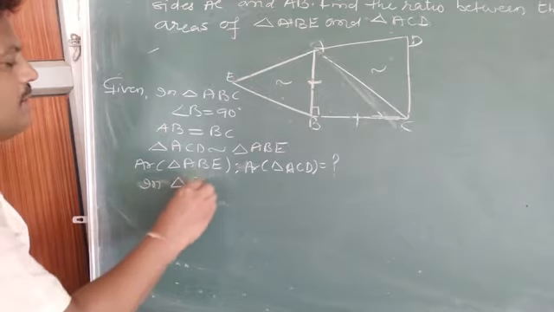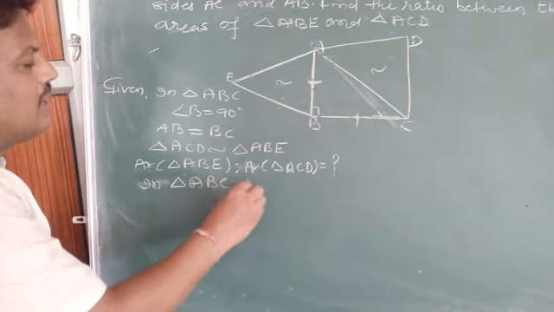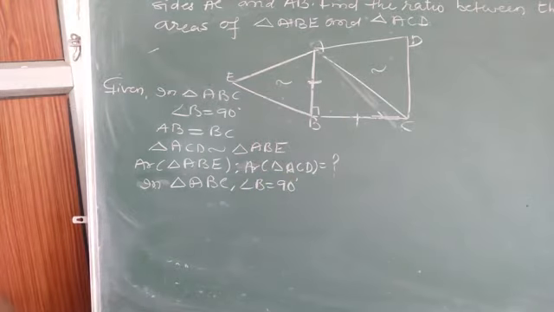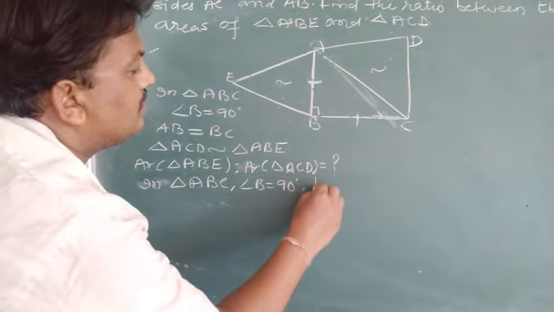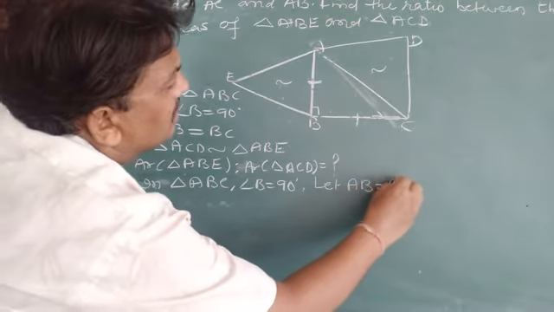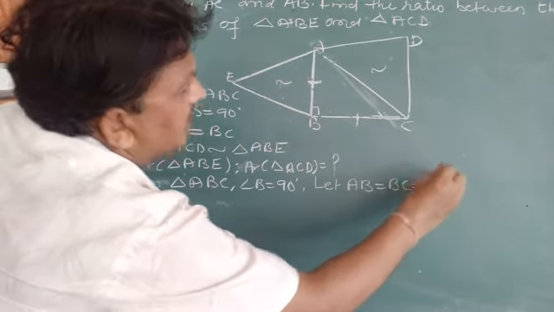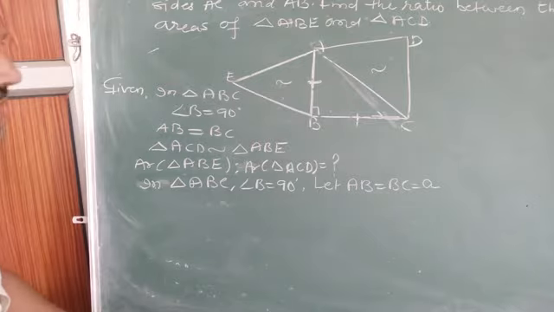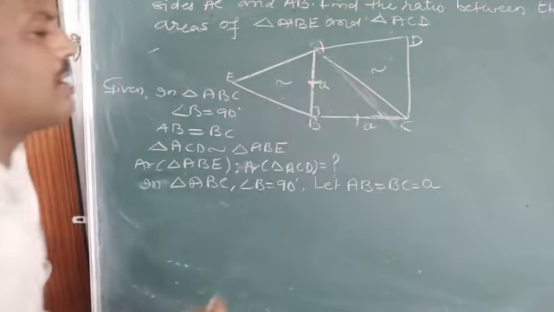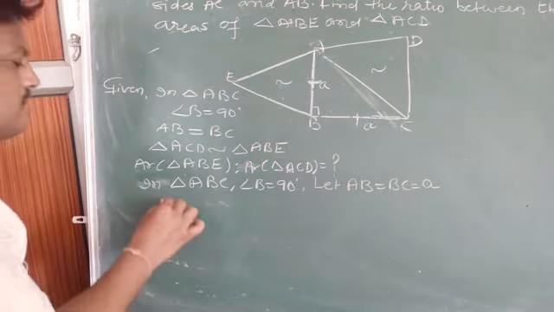So for that, in triangle ABC, right angle at B, what can we take, children? Let AB is equal to BC is equal to A, because the two sides are equal. So I am taking it as A, A. So what happens?